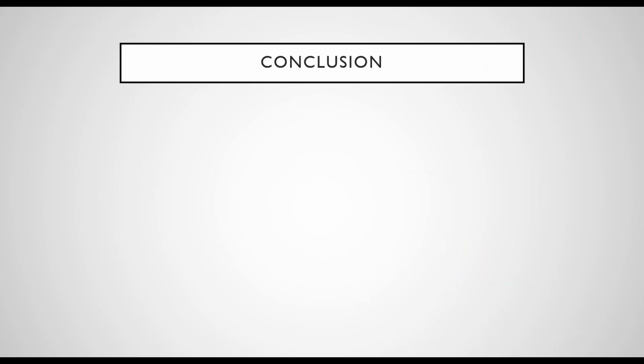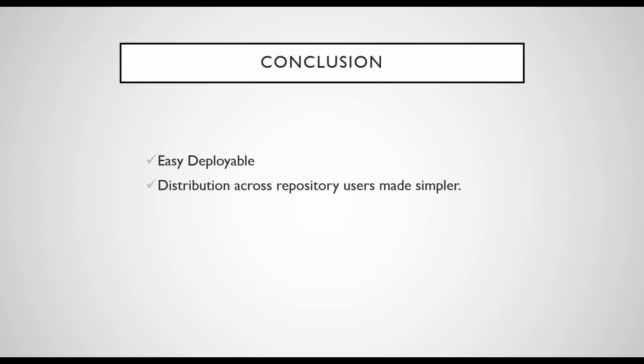So that's all for the session, but I'd also like to summarize the model add-ins. They are easily developable, deployable, and configurable compared to the traditional add-ins. Distributing the add-in across repositories is simpler and can be done with no extra effort.